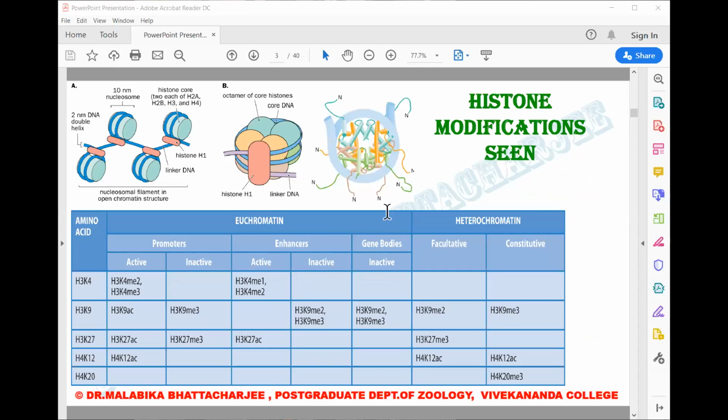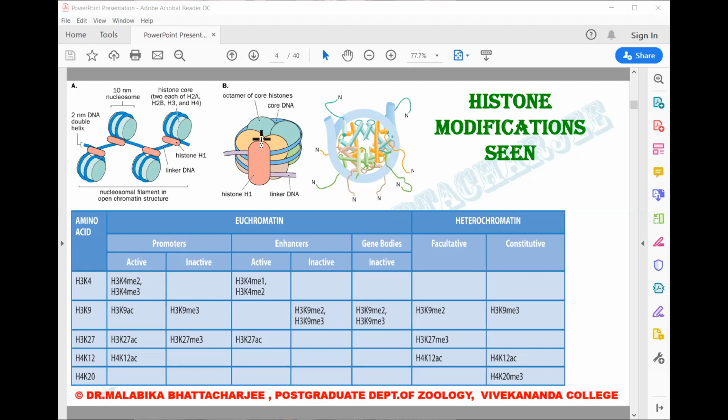Now, as I had already shown you the picture the other day, the DNA is wrapped around the histone. Roughly, the histone consists of 146 base pair of DNA wrapped around an octamer. The octamer consists of 8 molecules of histone. There are normally 2 molecules each of histone H2A, H2B, H3, and H4.